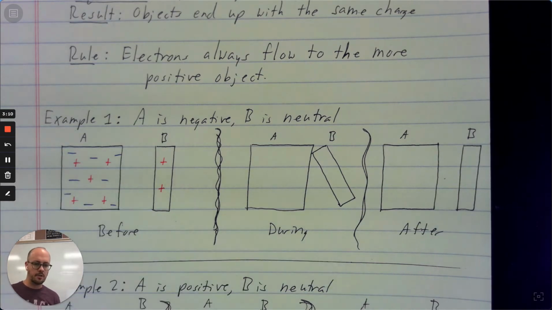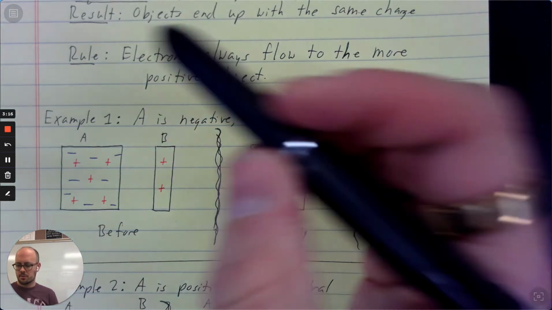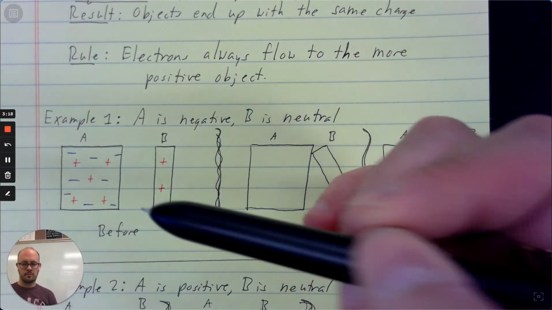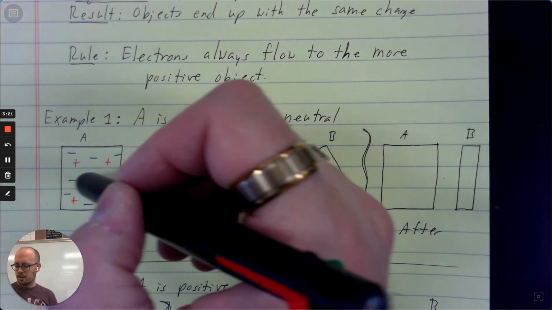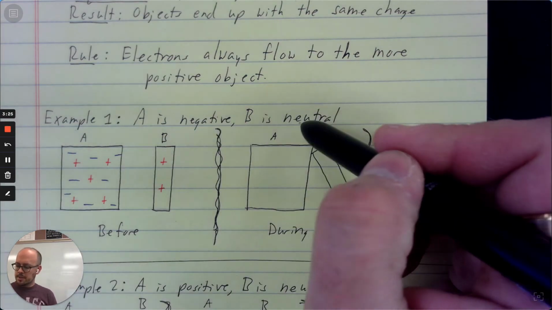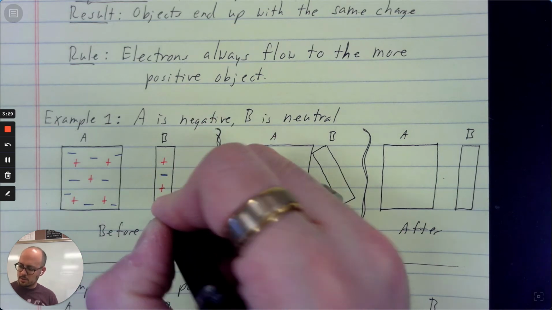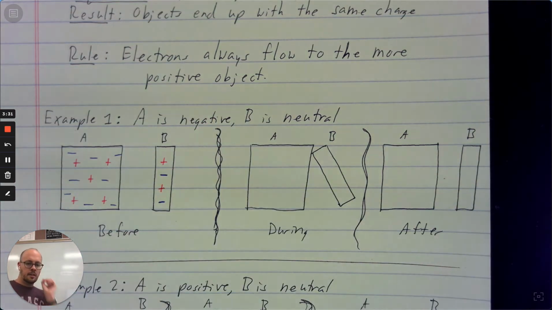They're zipping around at almost the speed of light. But in this object, there's more negatives than positives. So we'll say there's 5 trillion protons, and there are 8 trillion electrons. B, however, is neutral. So if there's 2 pluses, there has to be 2 minuses.